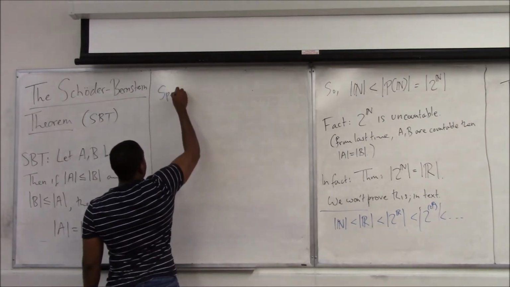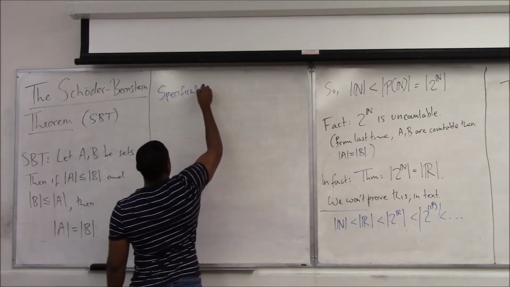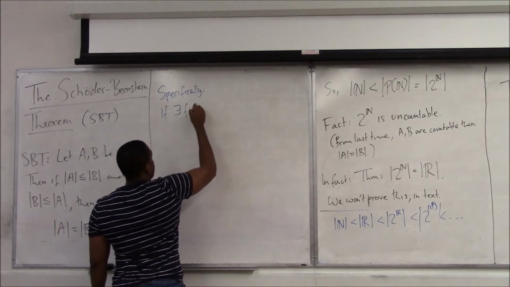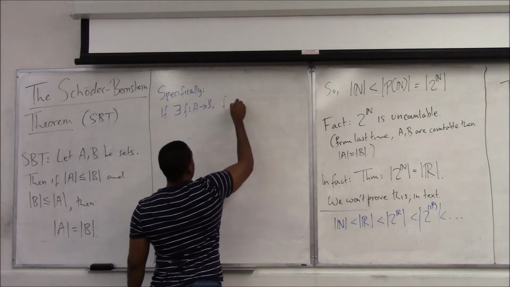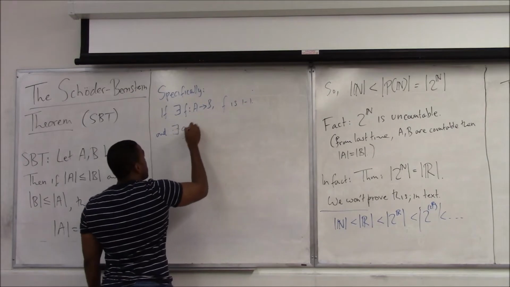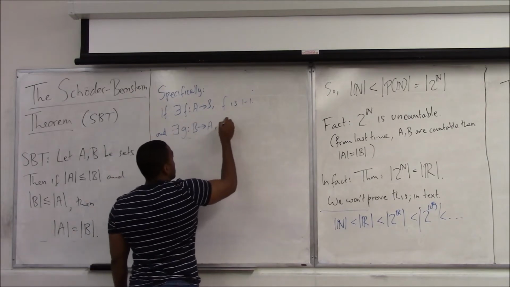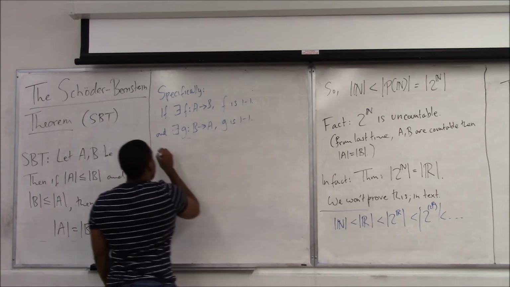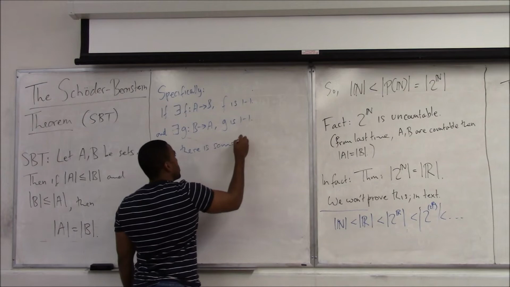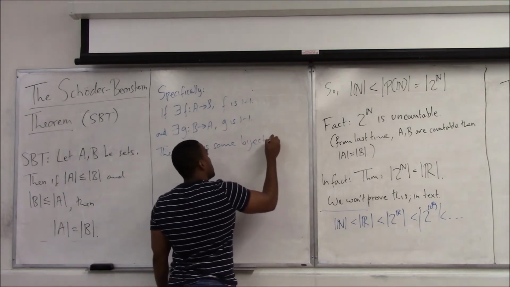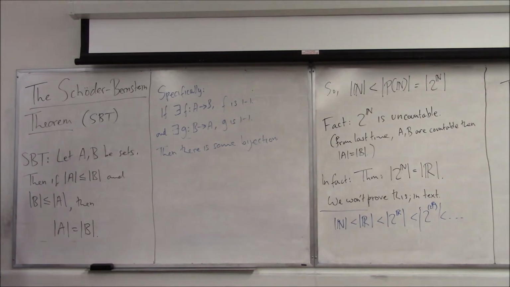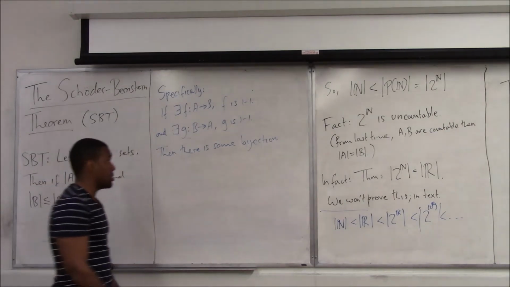Specifically, what you want to take away from this is that if there exists f from A to B such that f is 1 to 1, and there exists g from B to A such that g is 1 to 1, then there is some bijection from A to B. So basically, proving the existence of two one-to-one functions in opposite order implies that a bijection exists.